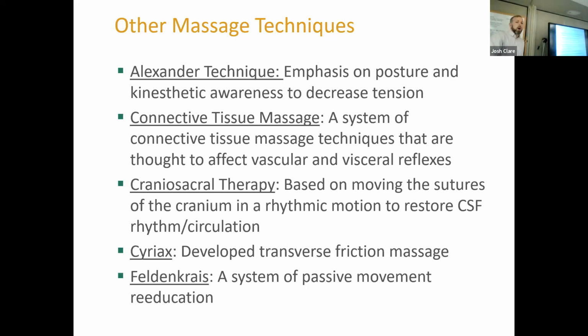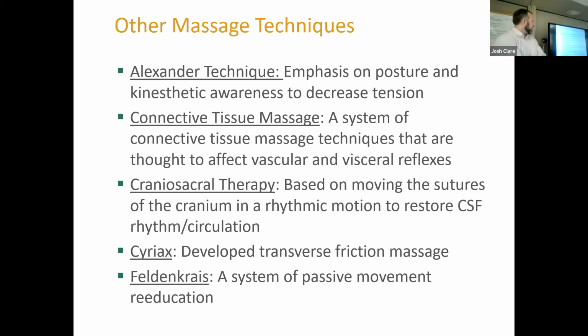So here are some other massage types that you might come across. The standard technique focused on posture and kinesthetic awareness. Connective tissue massage, a system of connective tissue massage thought to affect the vascular and visceral reflexes. Craniosacral, moving the sutures of the cranium in a rhythmic motion to restore cerebrospinal fluid rhythm and circulation.